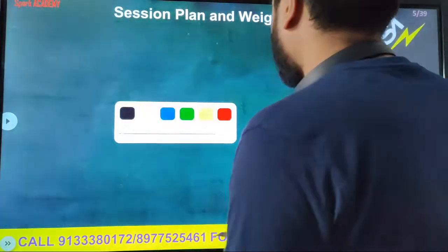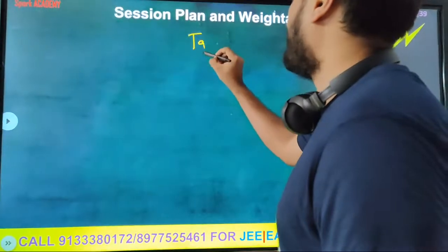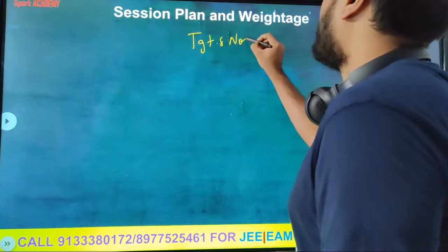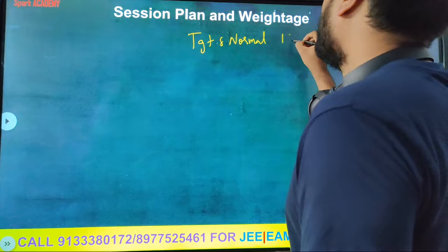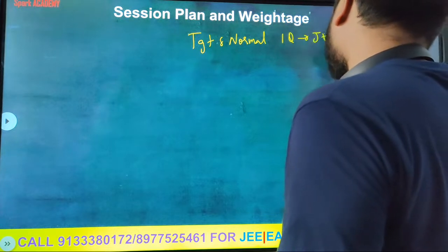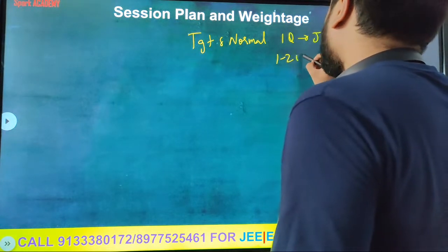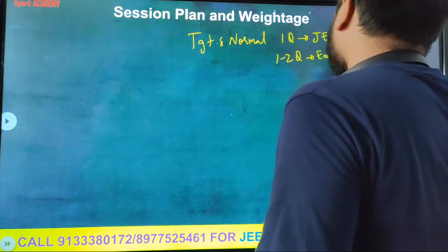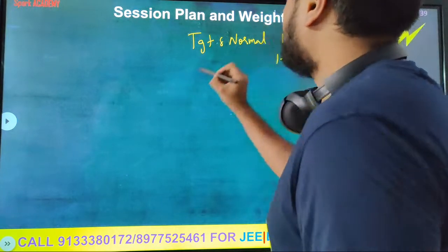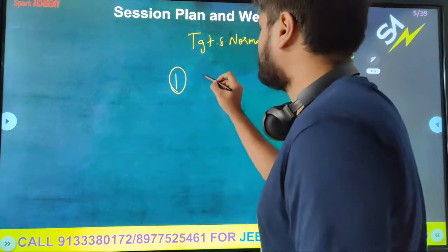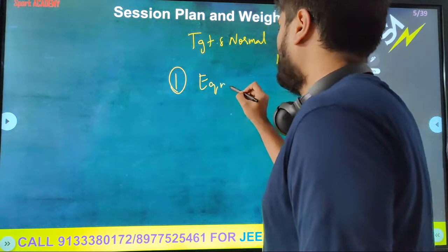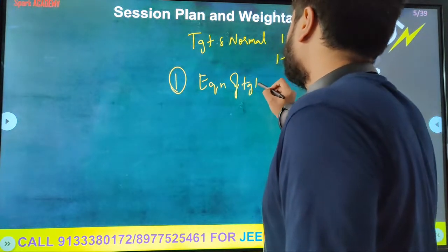Now for this session plan, especially for tangent and normal, you can expect one question for sure in your JEE examination and 1 to 2 questions for your EAMCET examination. So in tangent and normal, the first part is equation of tangent and normal.